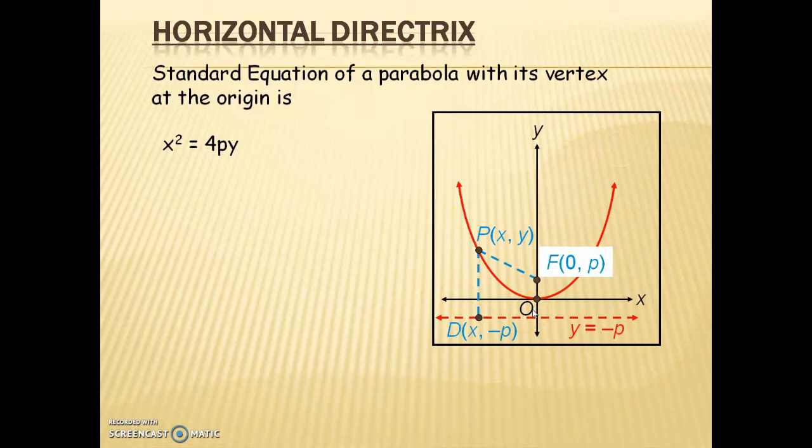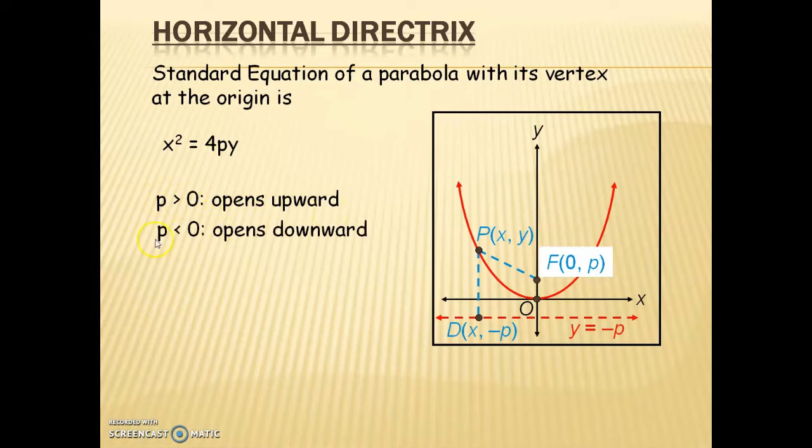But how will we know if a parabola is opening upward or downward? If p is greater than 0, it means the value of p is positive, it opens upward.